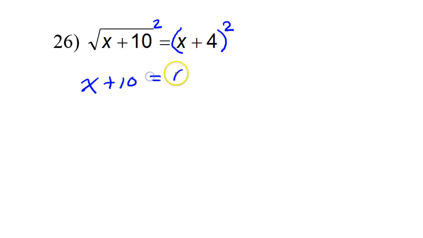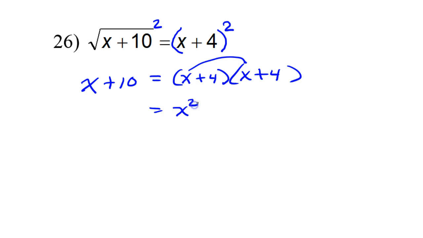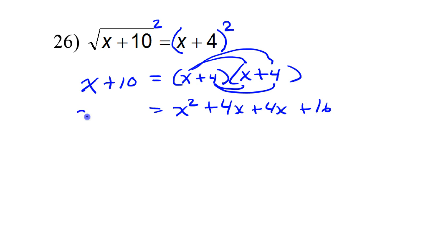Now on the right-hand side, I have to realize that I'm going to have x plus 4 times x plus 4. So you're going to have to double distribute this. So x times x, that's x squared. x times 4, that's 4x. 4 times x, that's another 4x. 4 times 4, that's 16.